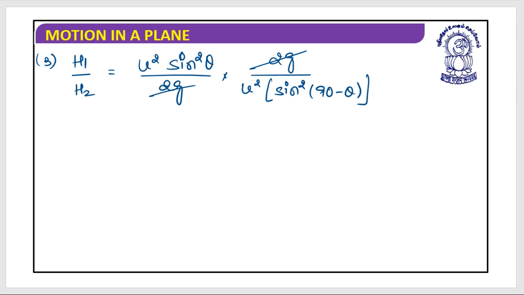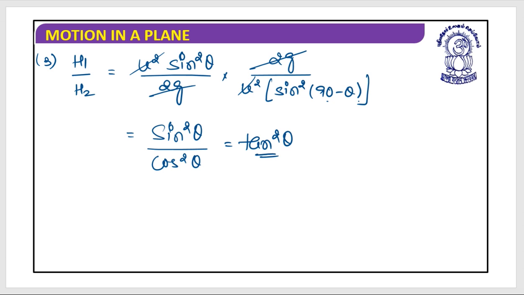The 2g would be gone, the u square would be gone. So this will be sine square theta divided by sine square 90 minus theta, which is cos square theta. So sine square theta divided by cos square theta is tan square theta. So H1 by H2 is tan square theta.